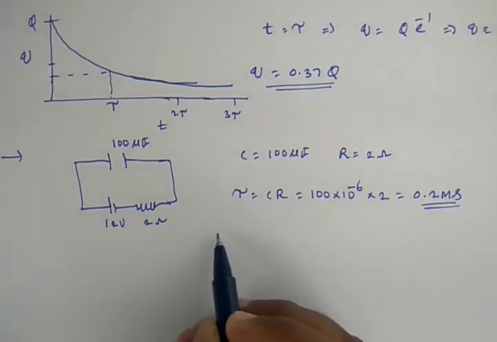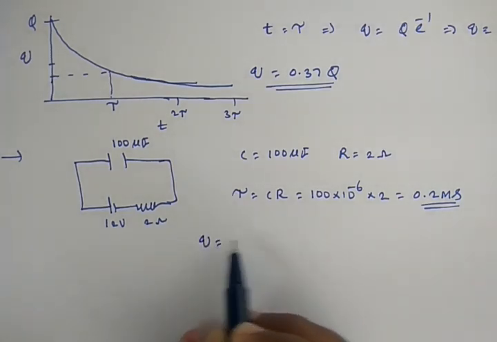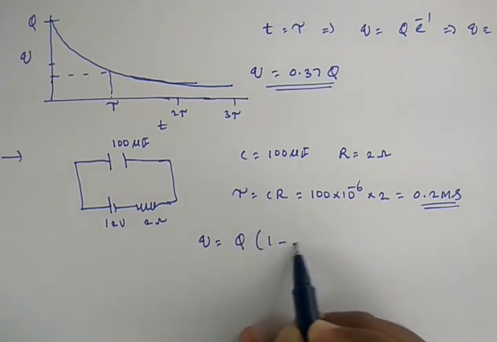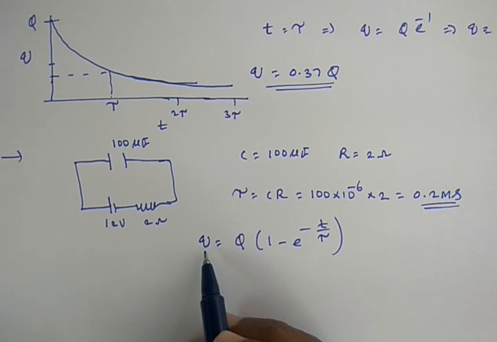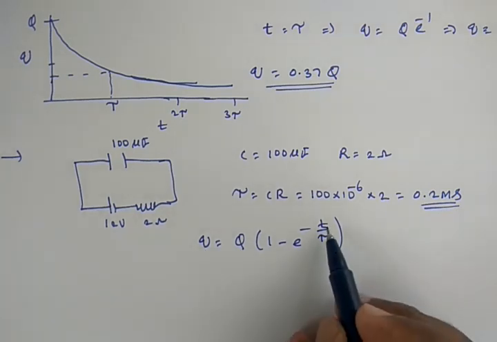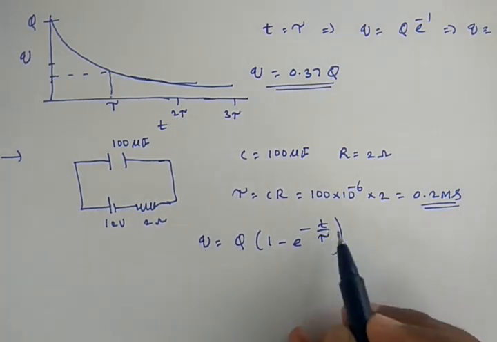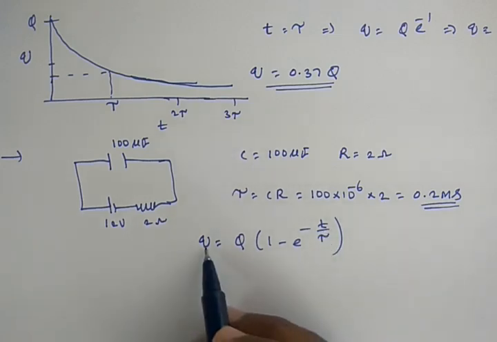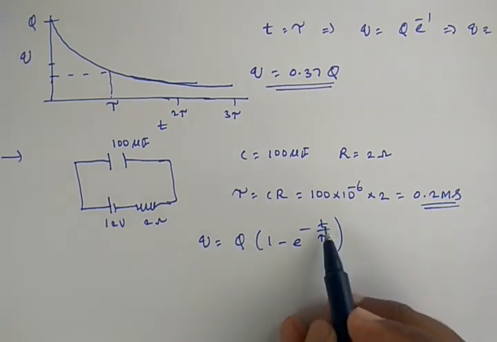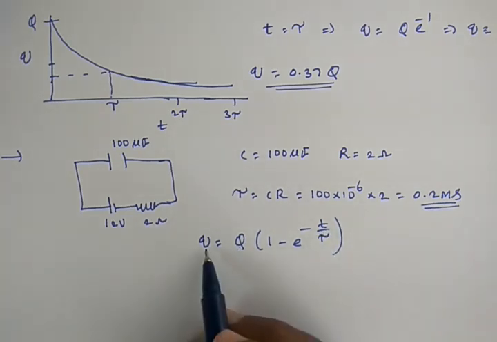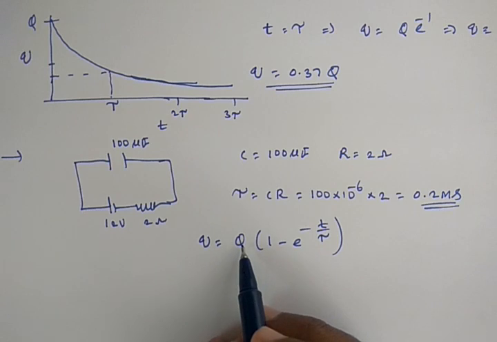So we know the equation is q equals Q into 1 minus e power minus t by T. Then you need to find the time when this charge becomes 99% of this one, the maximum charge.